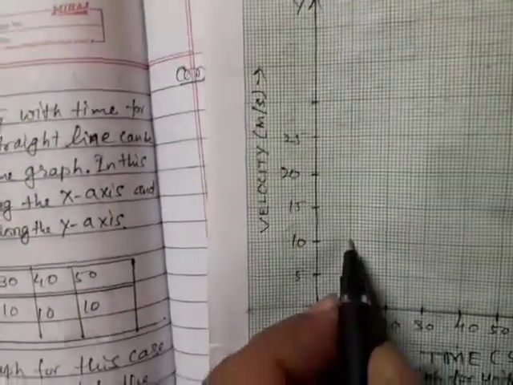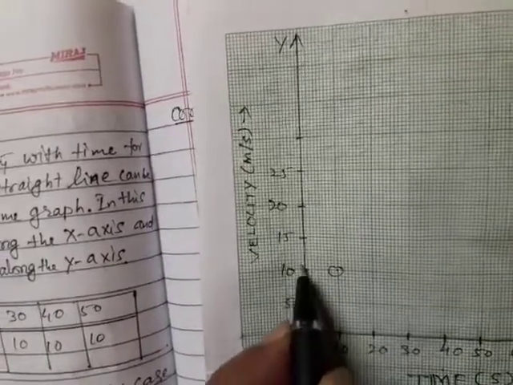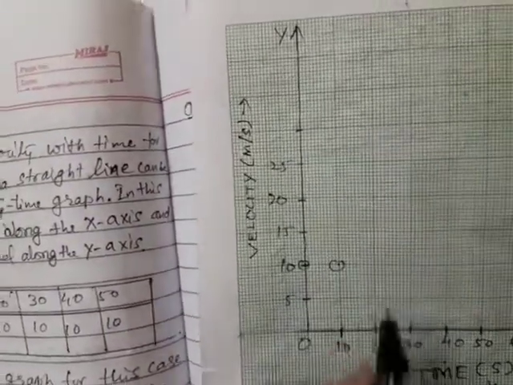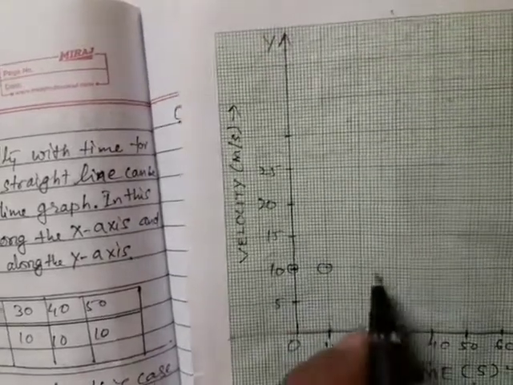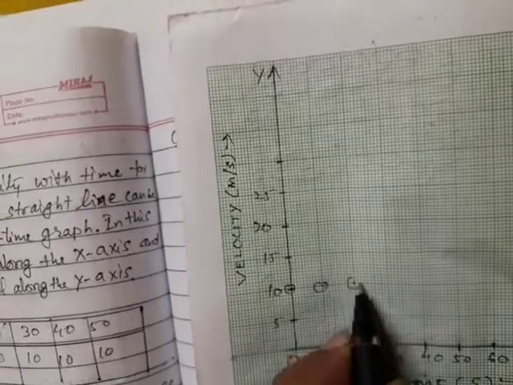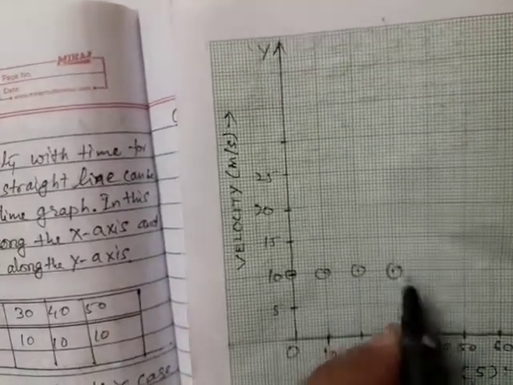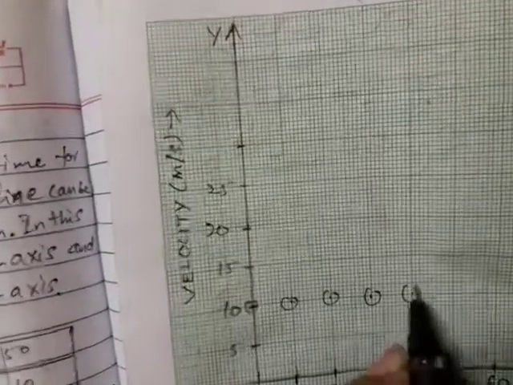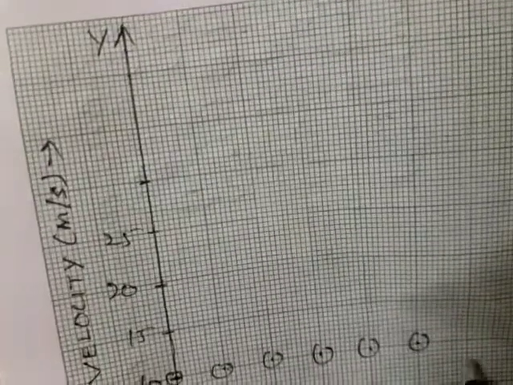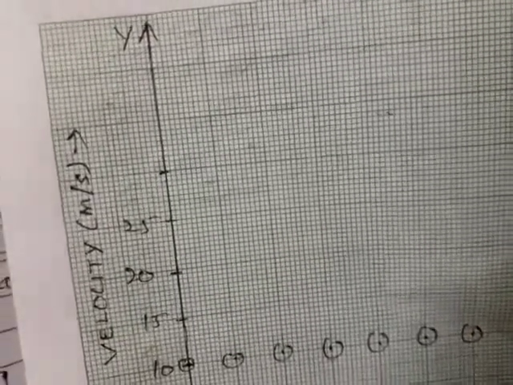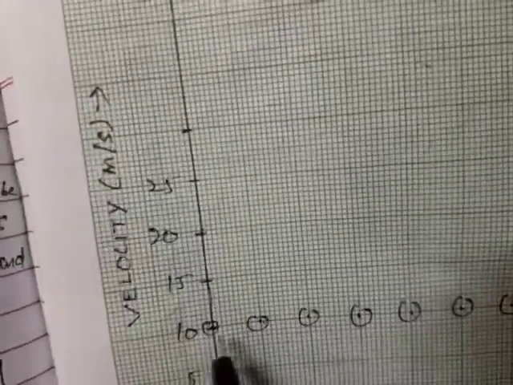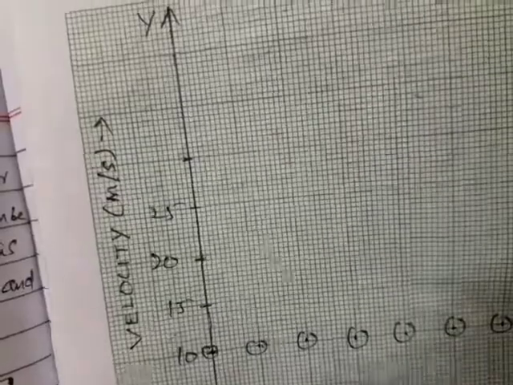So the first point is on the y-axis at 10, then after 10 seconds, then the 20th second, 30th second, 40th second, 50th second, and 60th second. As the velocity remains the same, all these points lie on one line.